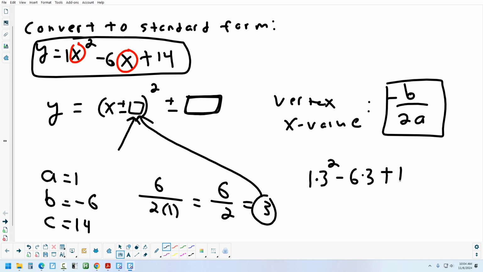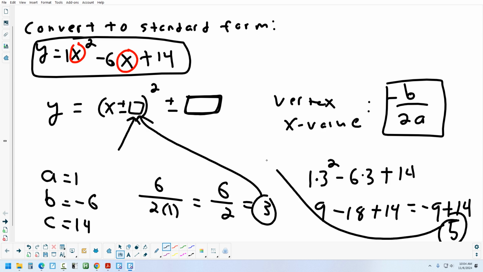And then plus 14. So 3 squared is 9. Times 1 is 9. 6 times 3 is 18. 9 take away 18 is negative 9. And negative 9 plus 14 is 5. So 5 is the number that would go in that box.